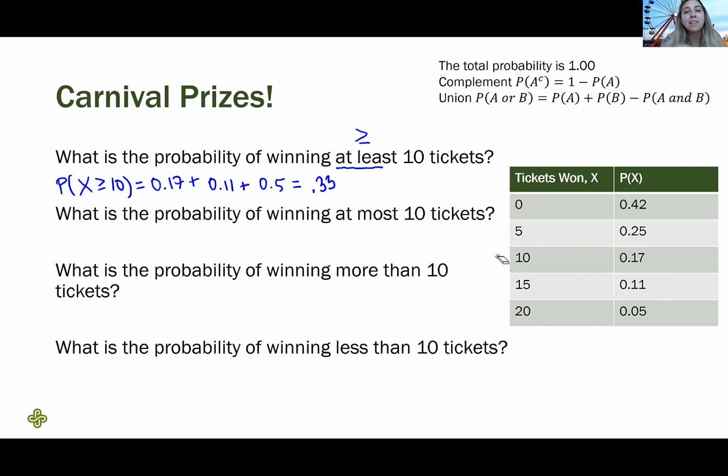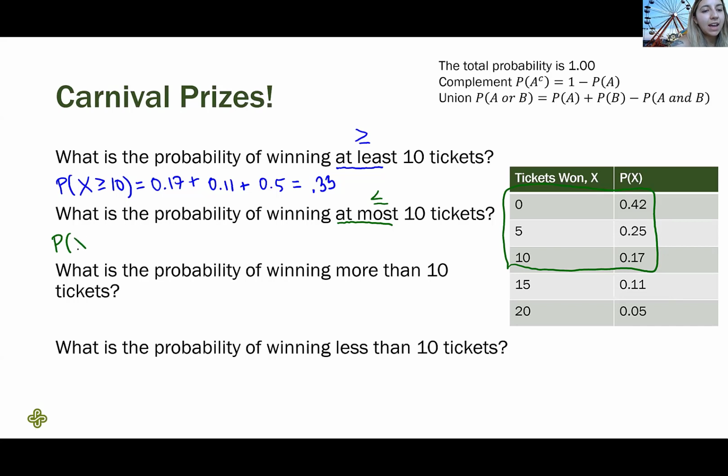What is the probability of winning at most 10 tickets? So that means the biggest number you can get is 10, and anything less than that would also count. Our mathematical relation that expresses at most would be less than or equal to.